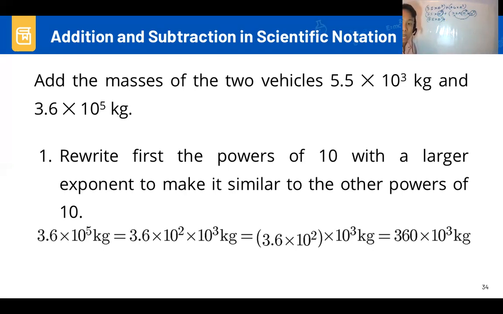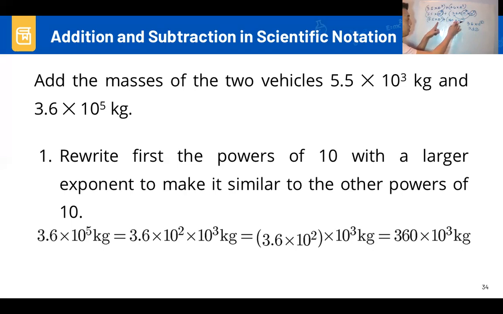So, gagawin natin siyang standard notation. Tandaan natin sa notation, if we have a positive, mag-right tayo. From 3.6, 2 times to the right, 1, 2. Okay, so we have 360. So, 360 here, multiplied by 10 raised to 3.